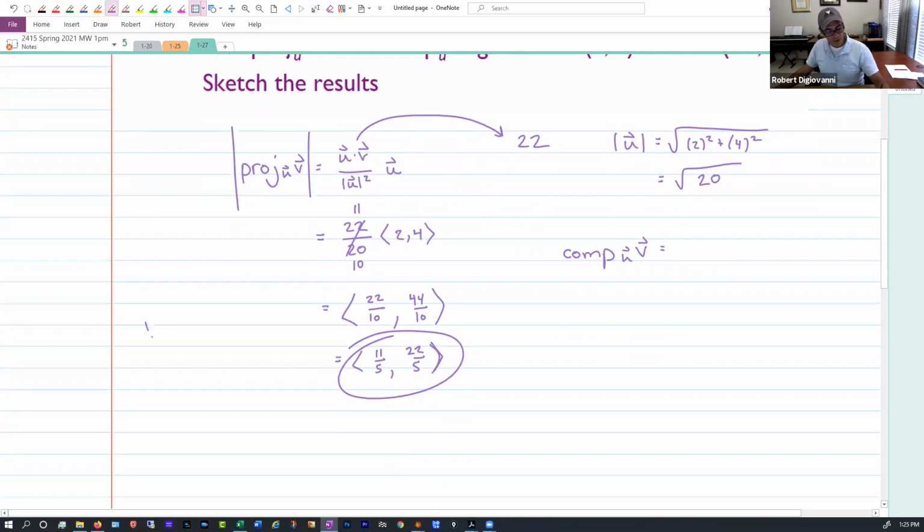Well, that would just be the square root of 11 over 5 squared plus 22 over 5 squared, and get your answer the same way. I'm not going to say more difficult math, but I think it is a little bit harder. The numbers are a little bigger here than if you just use the formula.